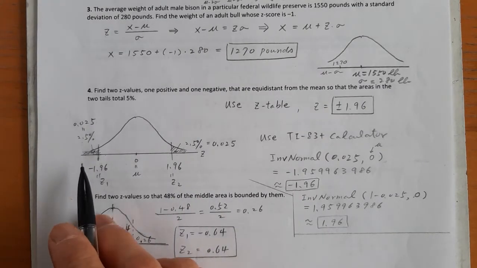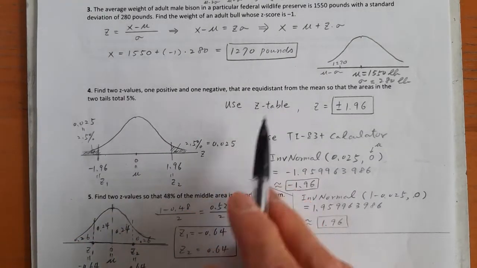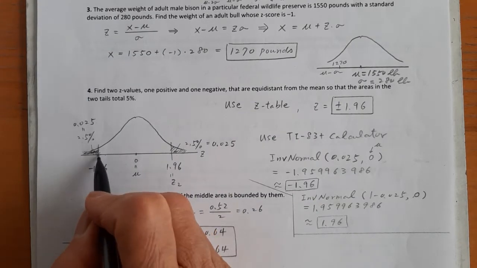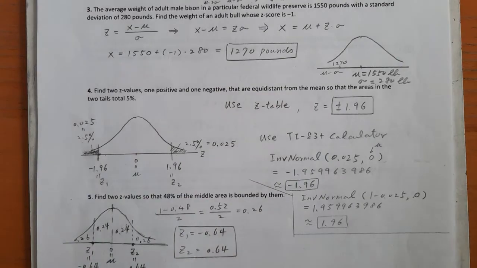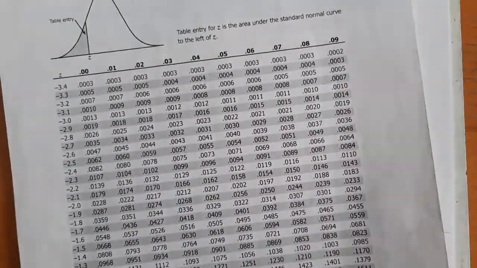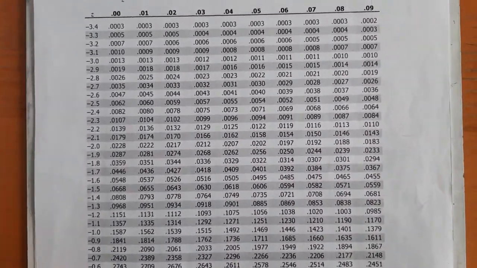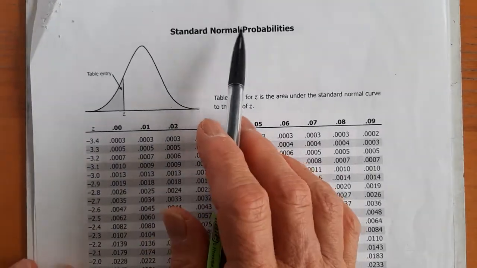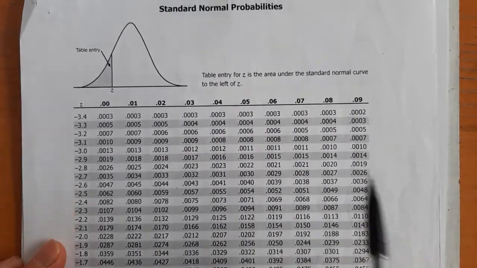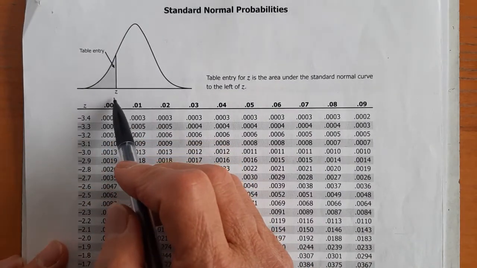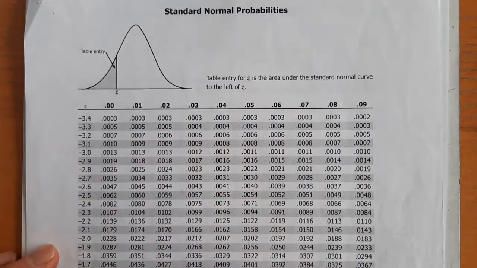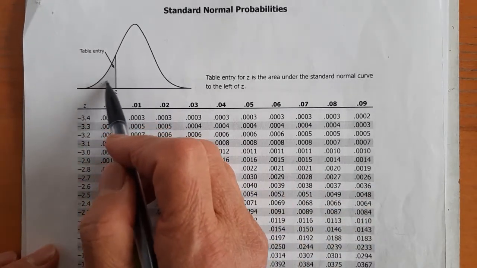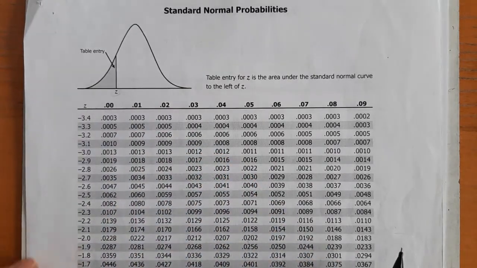And to figure out this area's z-score, use the z table. If you look at this standard normal probability table, it gives you the z, and the area to the left of this z-score.